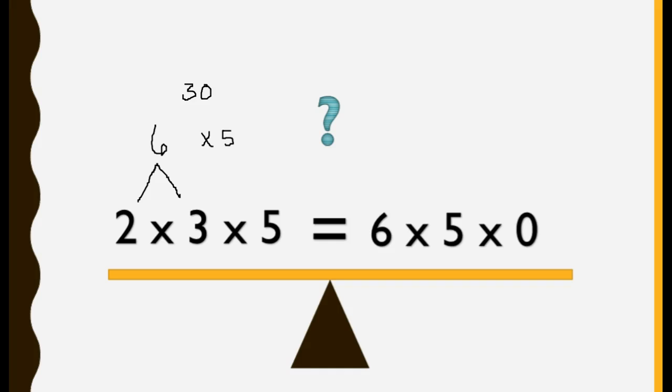Well, if you say 6 times 5 is 30, and then you just see that 0 and think, oh, that's nothing, then you might say, yes, these are equal. This is an accurate equation. Well, in fact, when you multiply anything times 0, it then becomes 0. So you need to make sure that you understand what you're doing when you multiply times 0.